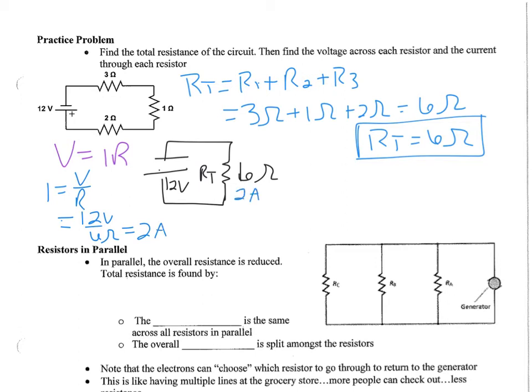So the current going through the total resistance is 2 amps, which means that since they're in series, these are all equal to 2 amps. So it's asking for the current and voltage through each of the 3 resistors. We know the current now. So current through all 3 of those, because they're in series, is equal to 2 amps.